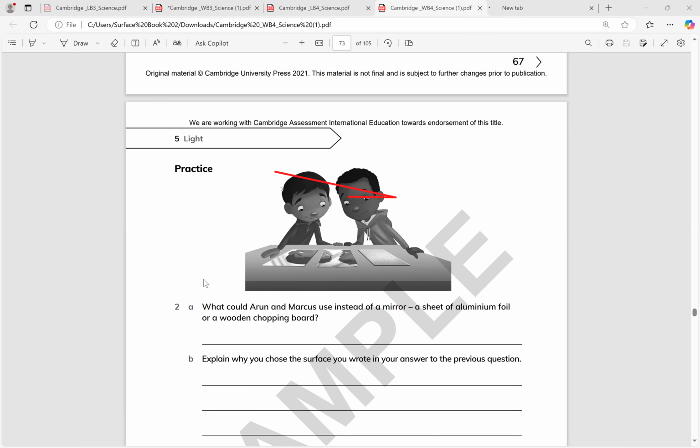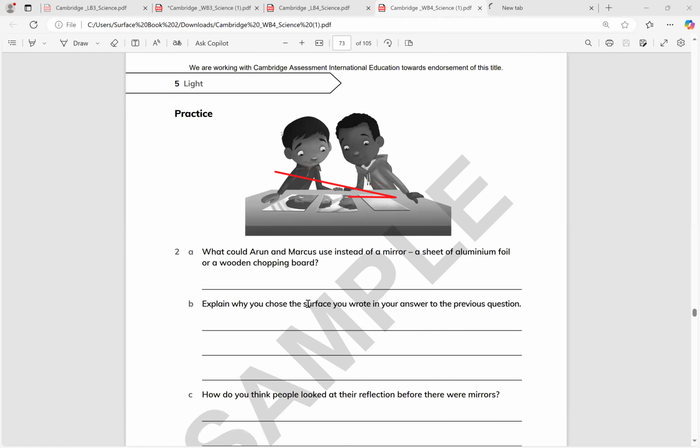Aluminum foil. Explain why you chose this surface. Because it's shiny and you can see just like a mirror. It's smooth. Yes, that is right. We're just going to have an imaginary light source. It goes over their eyes like this. You guys are getting the hang of it.